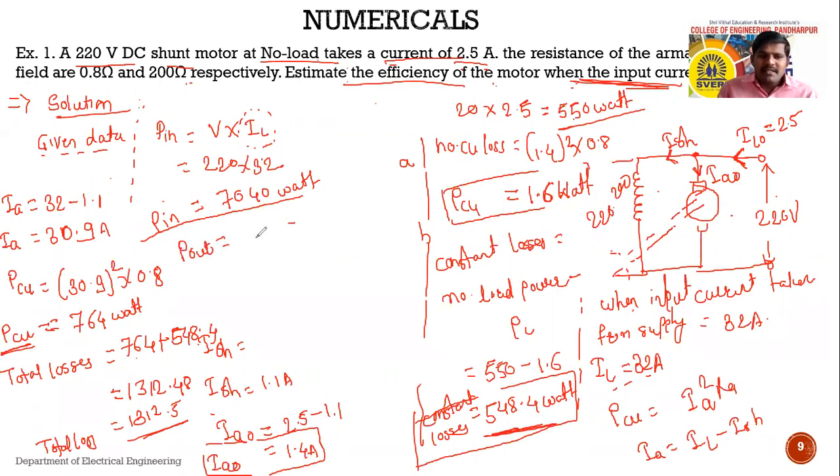Power output is equal to input power minus losses or input power plus losses? Input power minus losses. Okay, in case of motor, input power minus losses is the formula, that is 7040 minus total losses 1312.48. Calculate and tell me the value of P out.